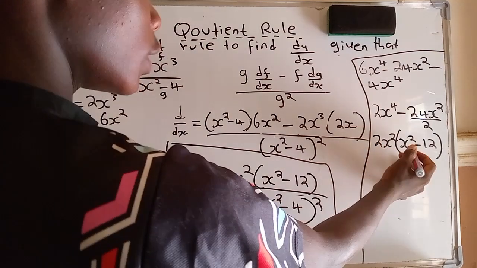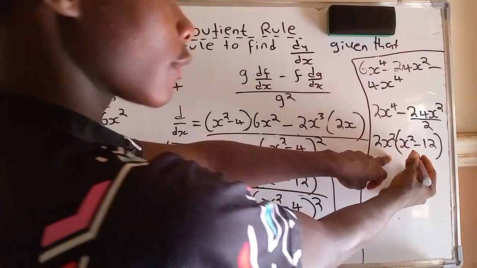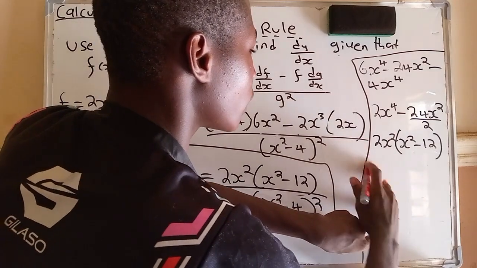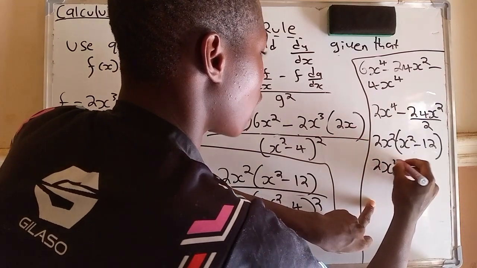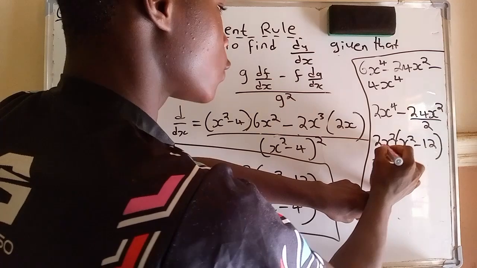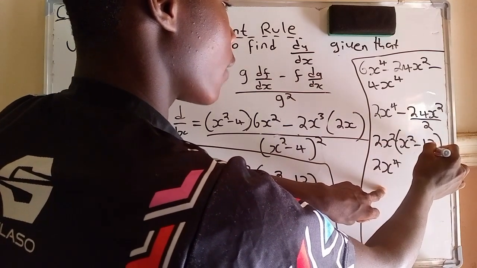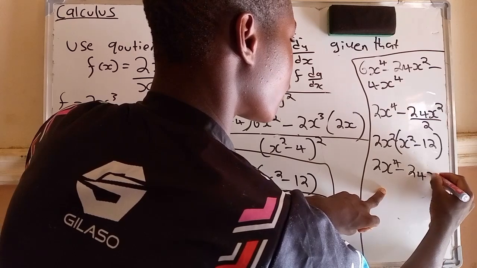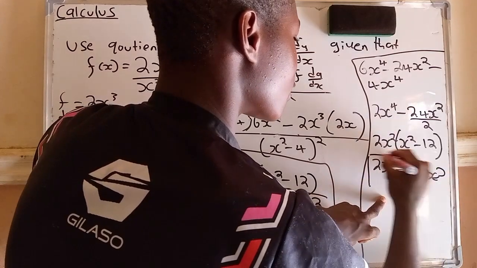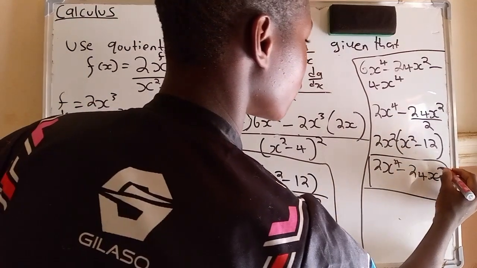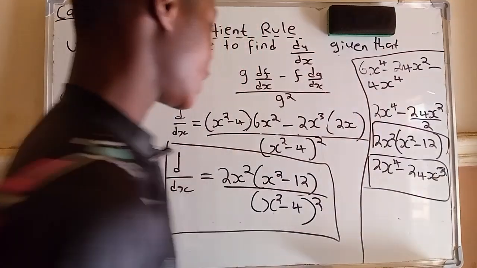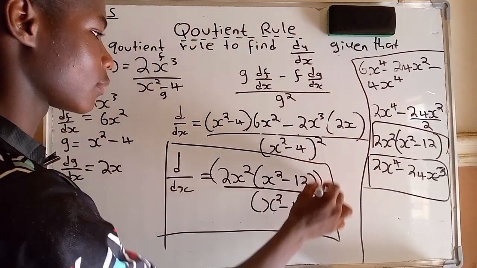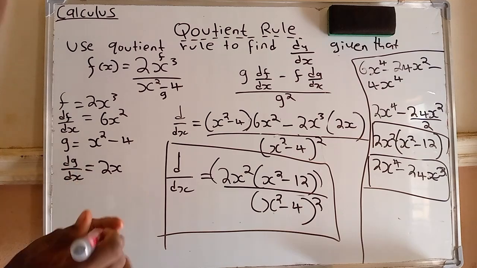If you multiply 2x squared by x squared, we have 2x to the power 4. And if you multiply 2x squared by 12, you have 24x squared. So this is how we find this value. It is not magic. Math is not magic.